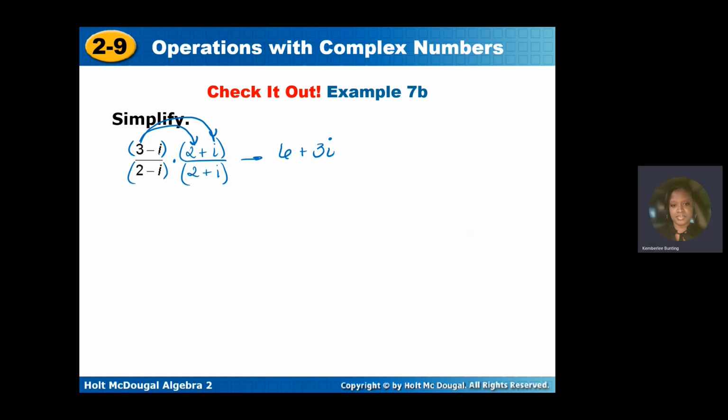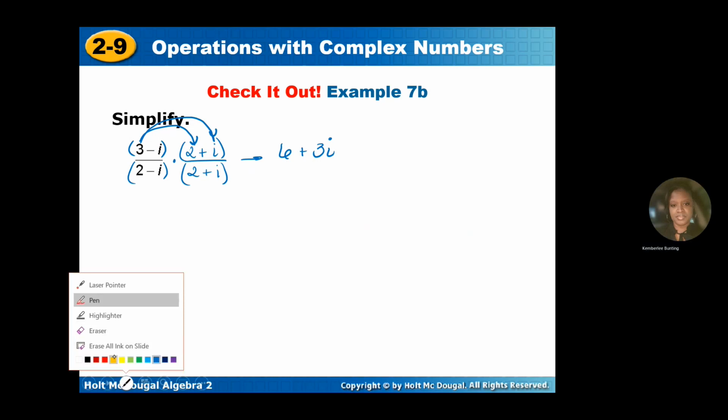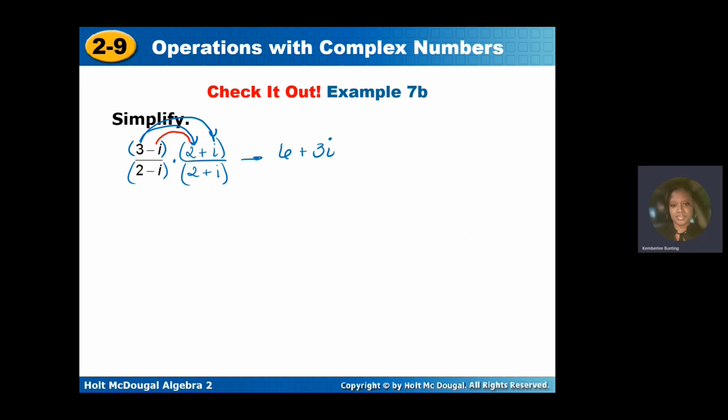All right, so picking back up. 3 times 2 is 6. 3 times i is 3i. Negative i, let me change colors. Negative i times 2 gives me a negative 2i. And then negative i times i gives me a negative i squared.